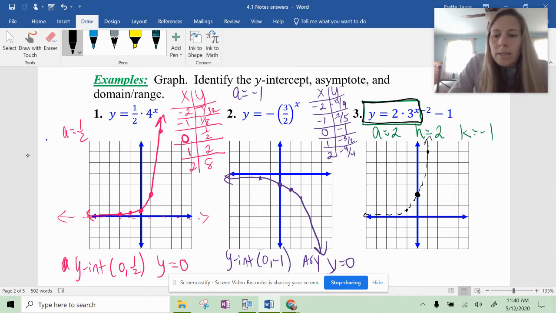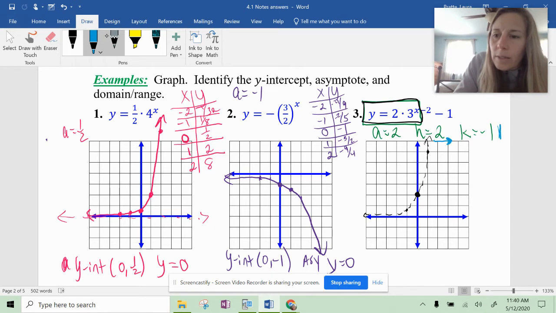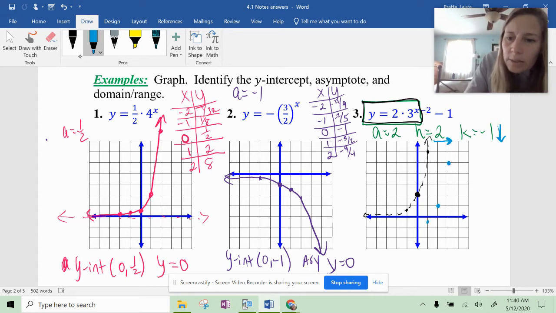But because I have that -2 and -1, that tells me I'm going to shift the graph 2 to the right and 1 down. So I could just take those points that I just plotted and shift them 2 to the right and 1 down, 2 to the right and 1 down, 2 to the right and 1 down, and then you can see that the graph is going to end up kind of like this.